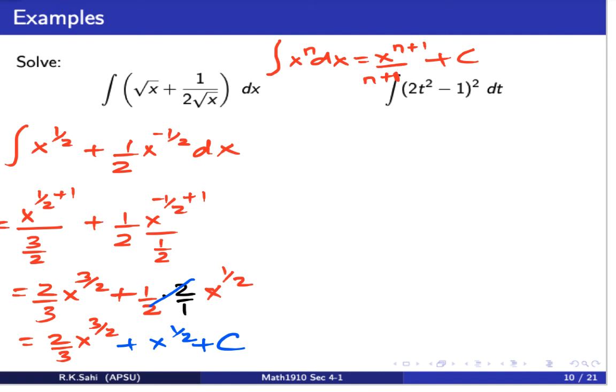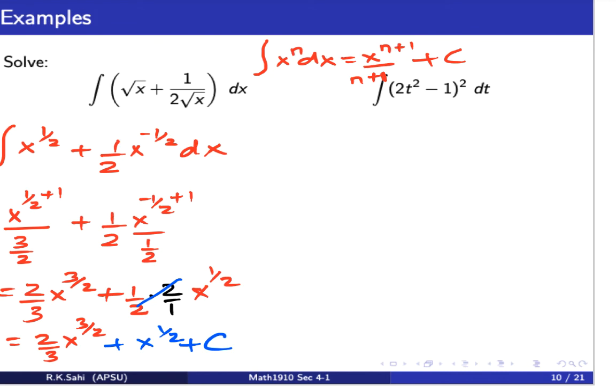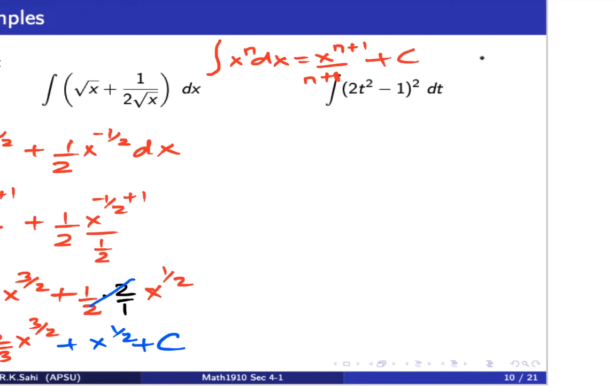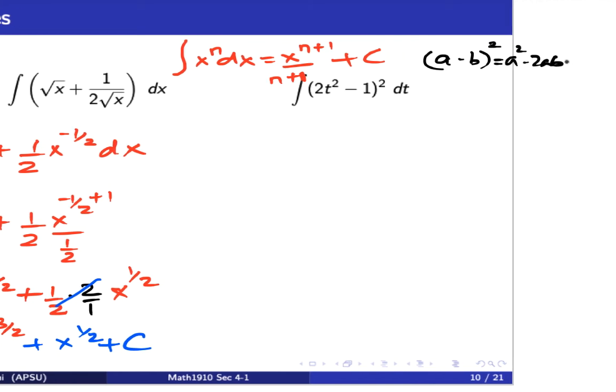So going back to our good old college algebra days, this is your (a minus b) the whole square. Let me write that down. As a recollection, guys, (a minus b) the whole square is a squared minus 2ab plus b squared. So that's what we're going to apply over here. So this can now be written with 2t squared as your a.